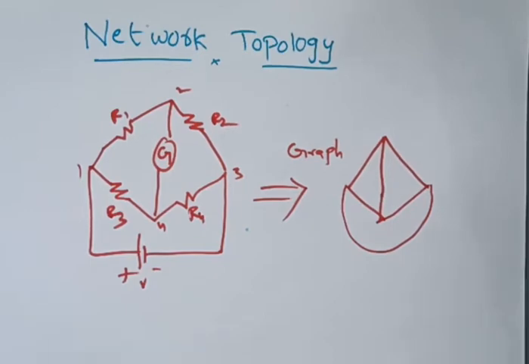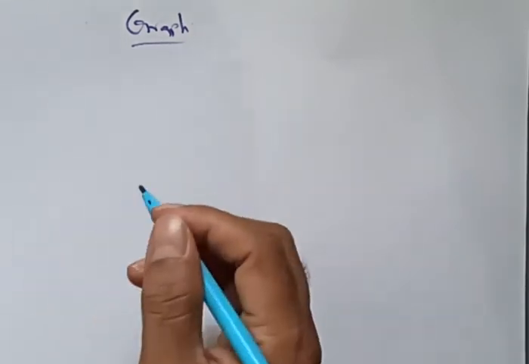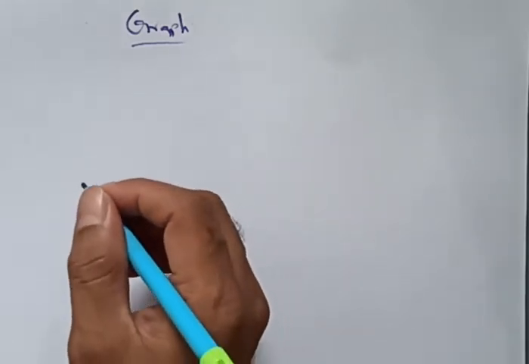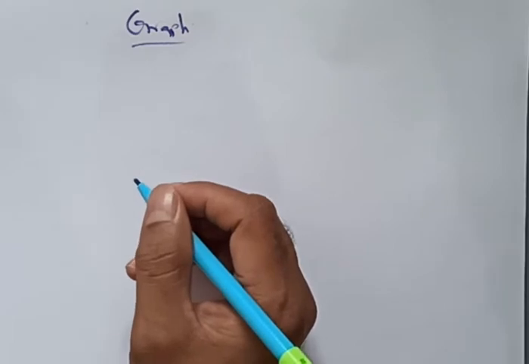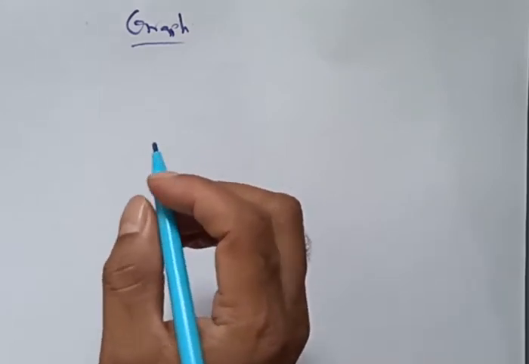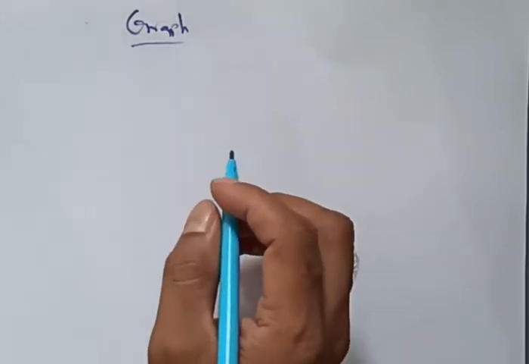The first definition is graph. Just now I gave a simple idea of how to draw the graph, but now let us see in detail how to define the graph for the given network. A graph is nothing but a set of nodes connected by branches.